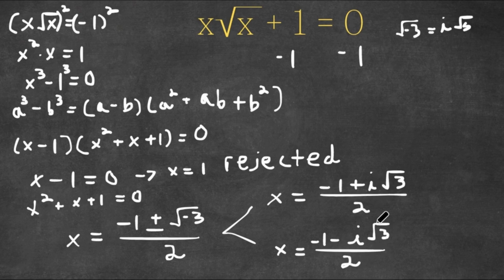However, if you do end up plugging these into this equation, it actually is again rejected. Both of these are rejected as well. And this equation actually has no solution. So no solution is our answer.